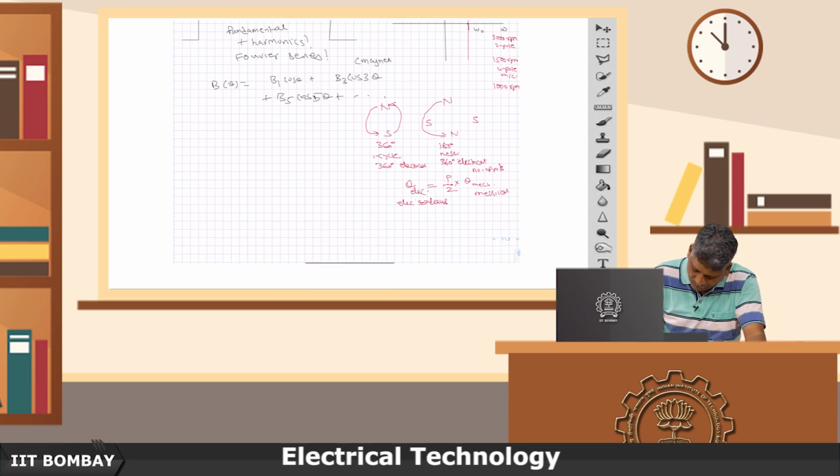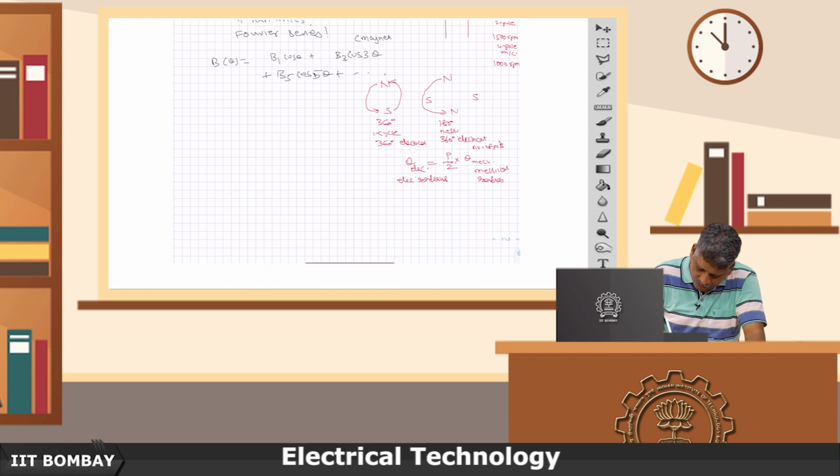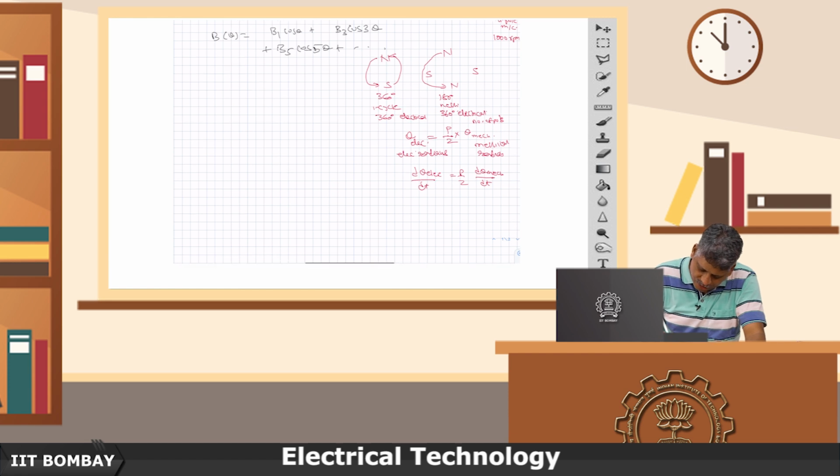So, the mechanical radians, therefore, if you look at this by dt, then taking the derivatives, which means that the electrical speed also gets a factor of P by 2 with respect to the mechanical speed.